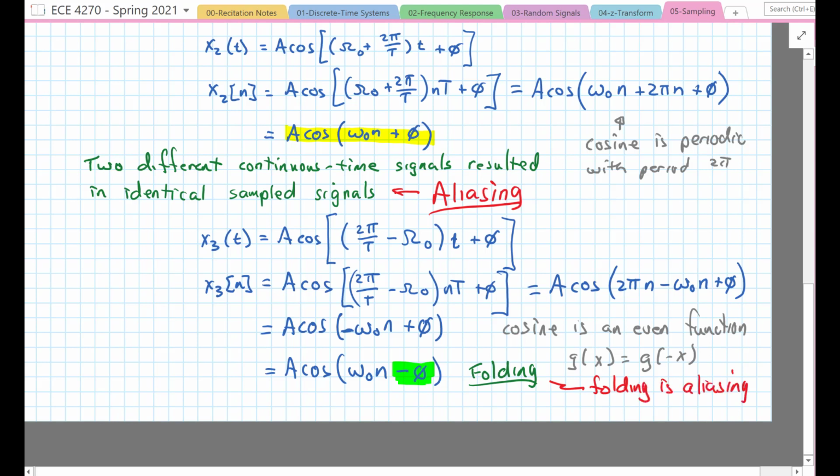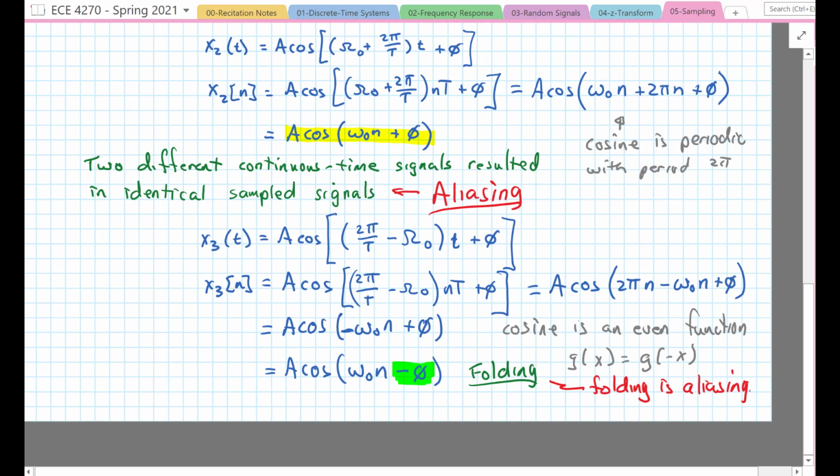Why is that? Well, when we talk about aliasing, what we really are concerned with is what happens to the frequency. The phase may be flipped or may be retained, but as long as signals of different frequency end up at the same frequency, that's a problem.